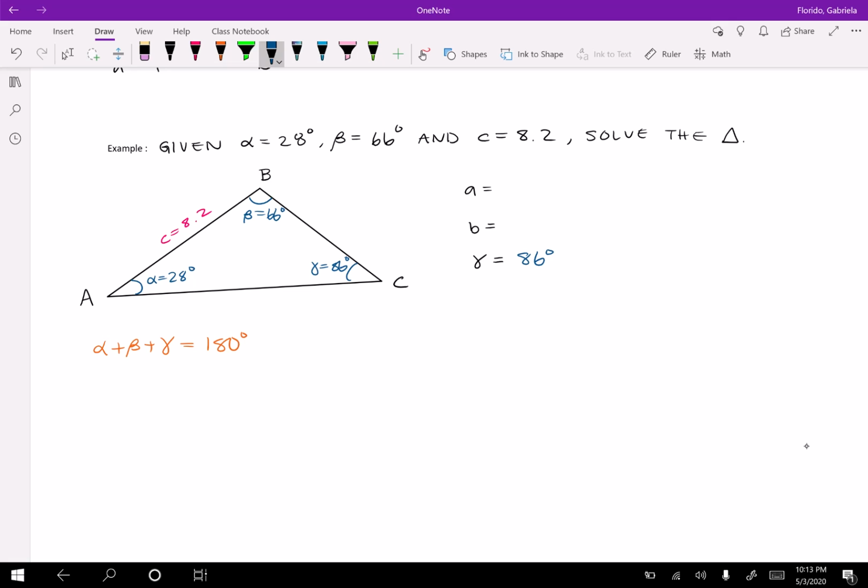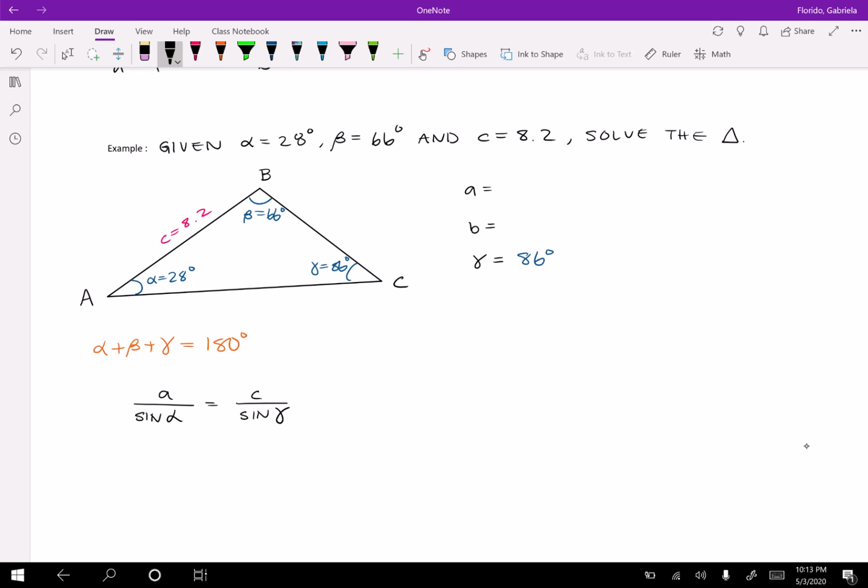So if we know gamma and we know c, we could do sine of alpha with little a and then sine of gamma and little c. So, since we're looking for a length here, I'm going to actually use the reciprocal ratios. So I'm going to have little a over sine of alpha is equal to little c over sine of gamma.